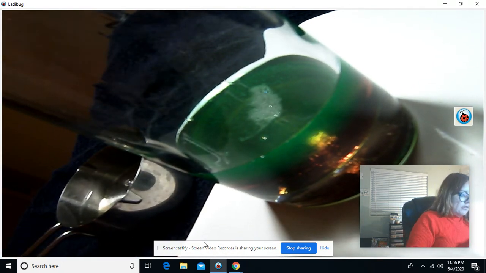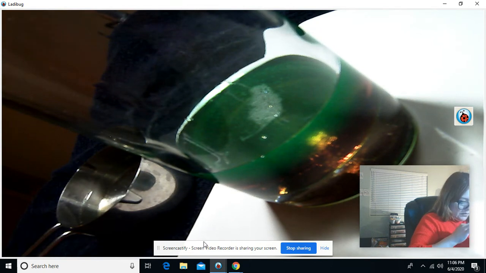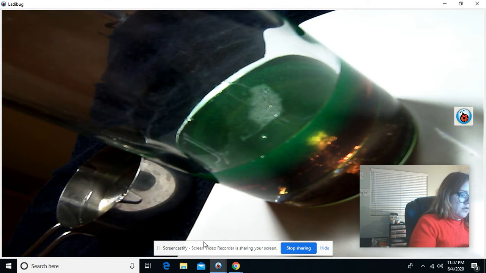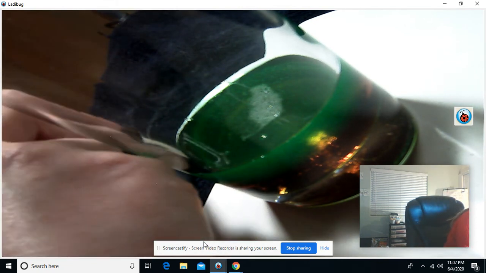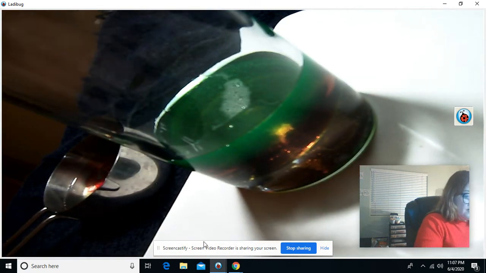And then I'm going to add some food coloring to my water so that we can see where the water is going. I'm going to pick some red. So I'm just going to add a few drops of red food coloring.